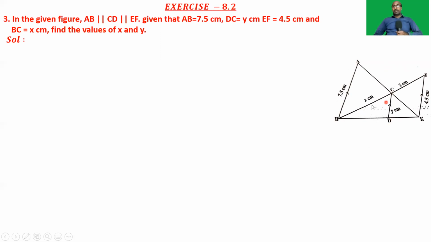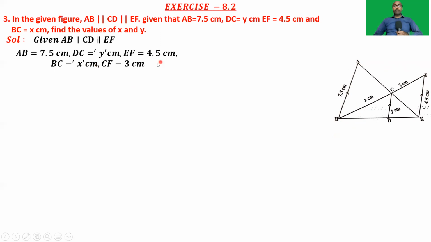So first, here it is given that AB parallel to CD parallel to EF. And the measurements are AB equal to 7.5, DC is equal to Y, EF is equal to 4.5, BC is equal to X, CF is equal to 3. These are the given values.